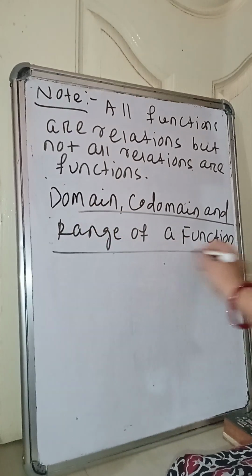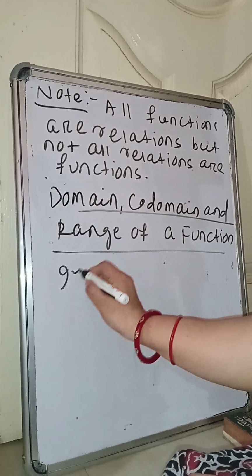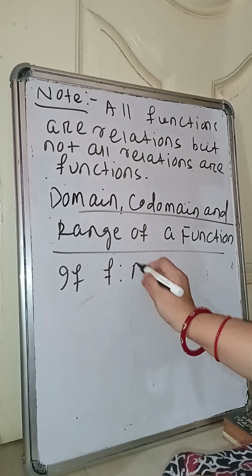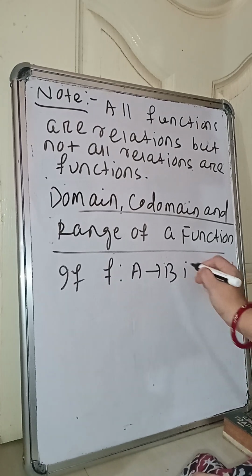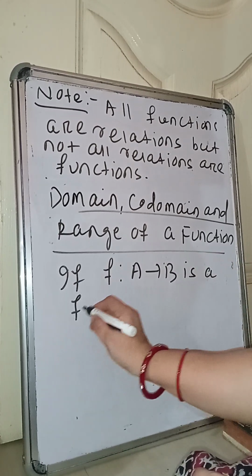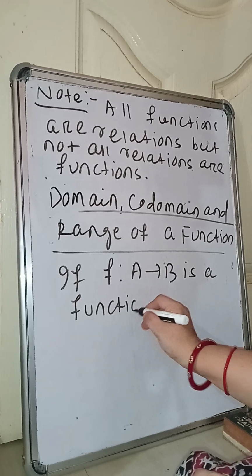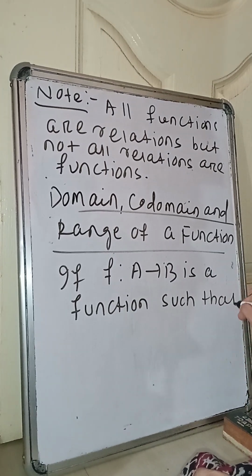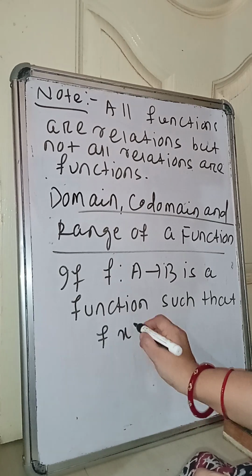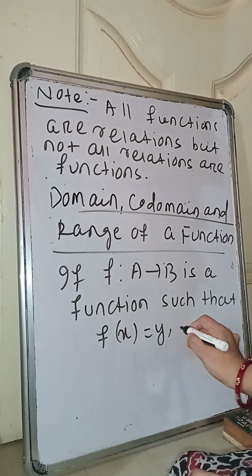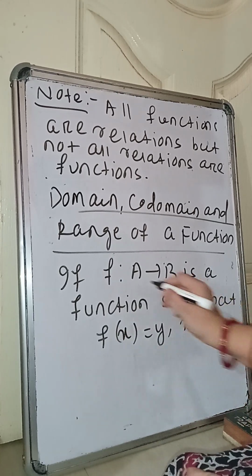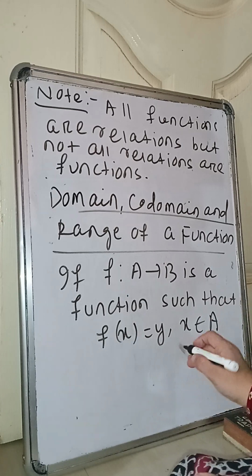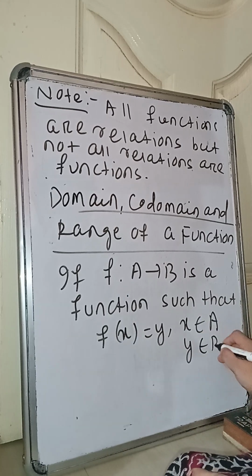See, if f from A to B is a function such that f of x equals y, this x belongs to your set A, y belongs to your set B.